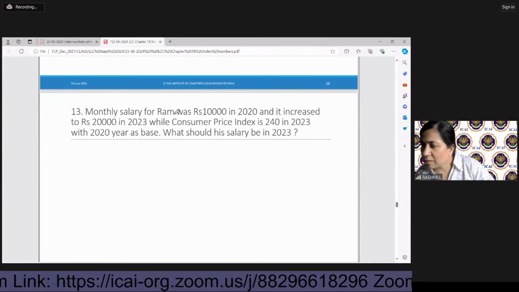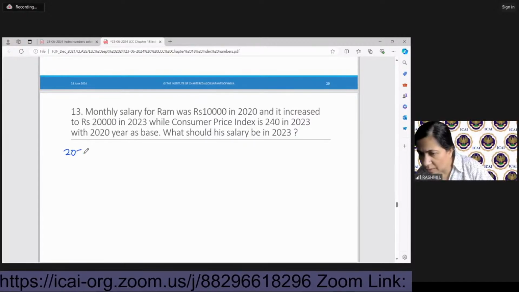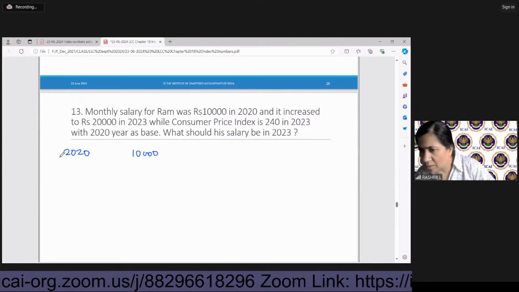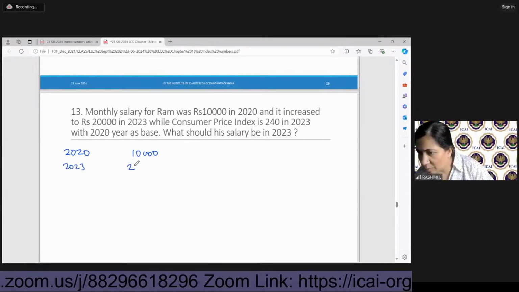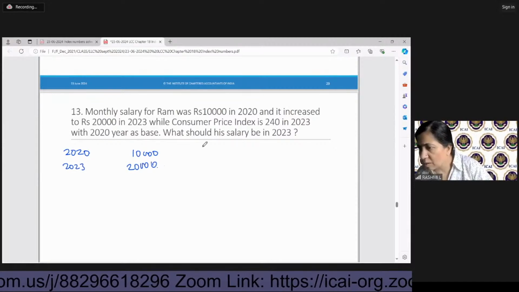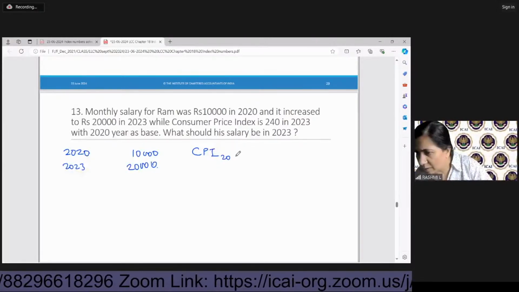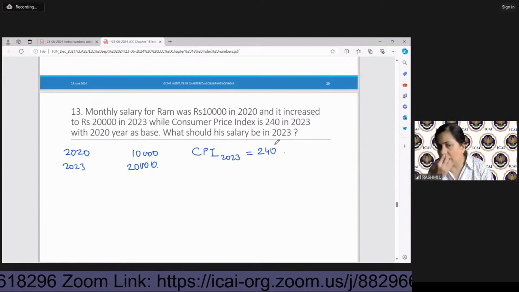The monthly salary for Ram was 10,000 in 2020. So in 2020, he had 10,000 rupees. And in 2023, it has now become 20,000 rupees. CPI in 2023 is equal to 240. What should his salary be?